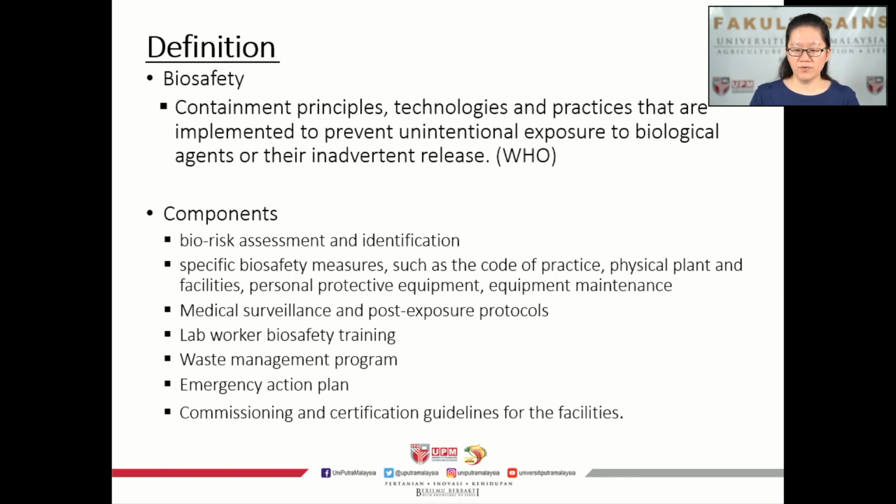Some essential components within biosafety include biorisk assessment and identification, specific biosafety measures such as code of practice, physical plant including the lab design and facility, personal protective equipment and equipment maintenance, medical surveillance and post-exposure, and also lab worker biosafety training. Other than that, waste management program, emergency action plan, commissioning, and also certification guides for the facilities are also important components of biosafety.